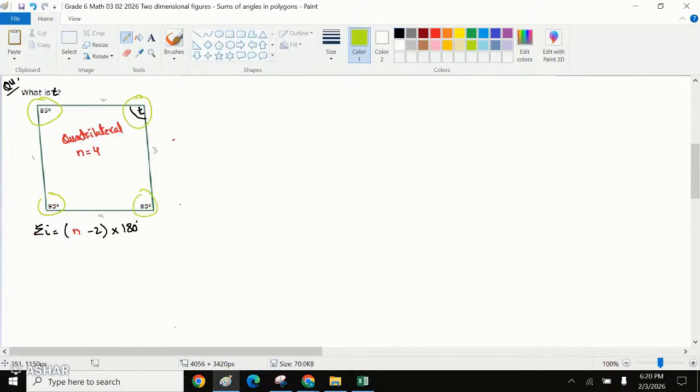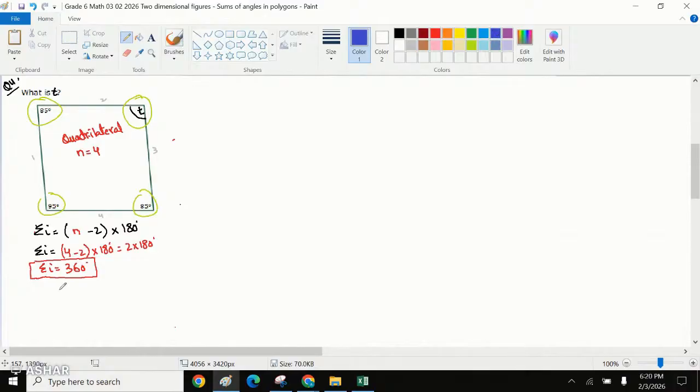So by using the formula, can I say 4 minus 2 into 180? That would be 2 into 180. And the sum of interior angles comes out to be 2 into 180, which is 360. And we know that the sum of a quadrilateral is always 360.